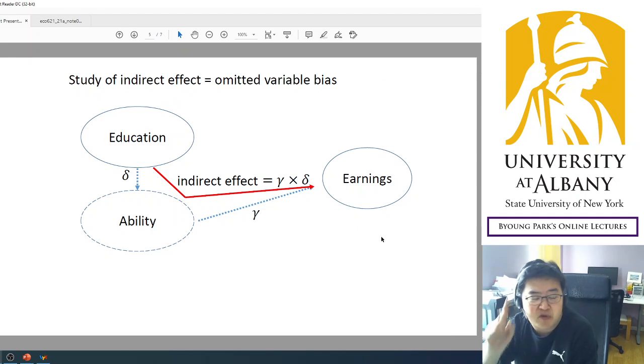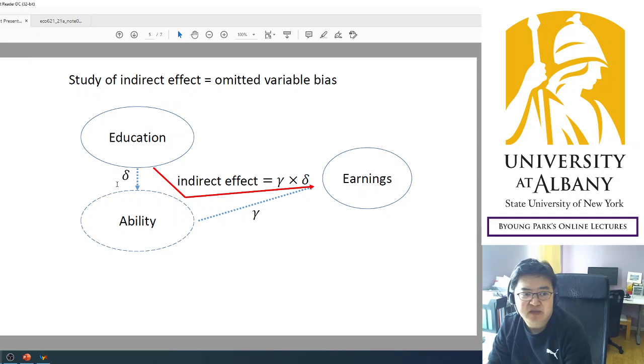Okay. One more thing. This indirect effect is basically from some kind of omitted variable bias. So this variable is omitted from the model or from the data. So you have to imagine, 1 unit increase in education implies delta increase in ability, and delta increase in ability affects earnings by gamma times delta, right?